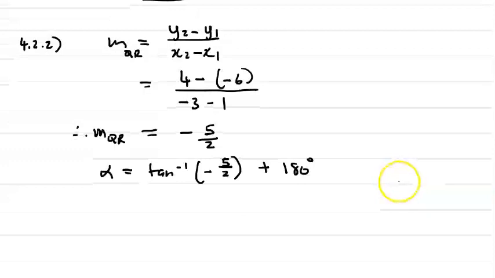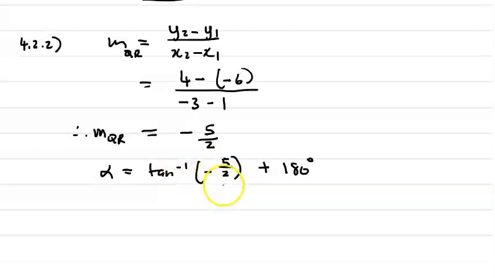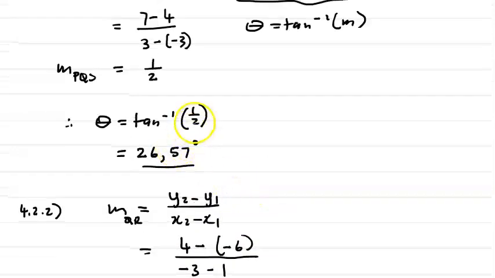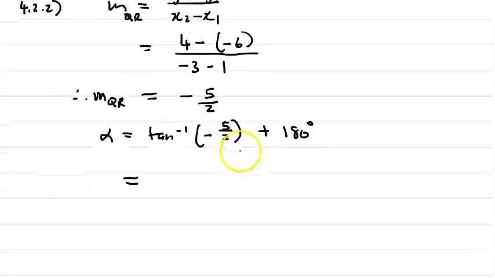The process is very simple. If you have a negative gradient, all you do is substitute it into tan inverse of your gradient, and you add 180 degrees. When you have a positive gradient, you don't do that, because you're going to get an acute angle as an answer.